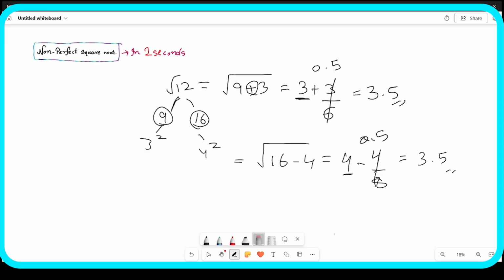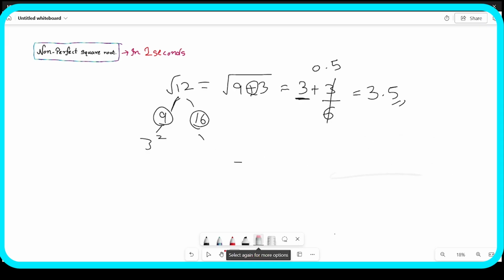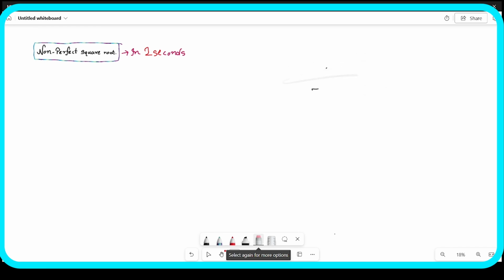And take another example, like square root of 28. Write it in terms of 25 plus 3.